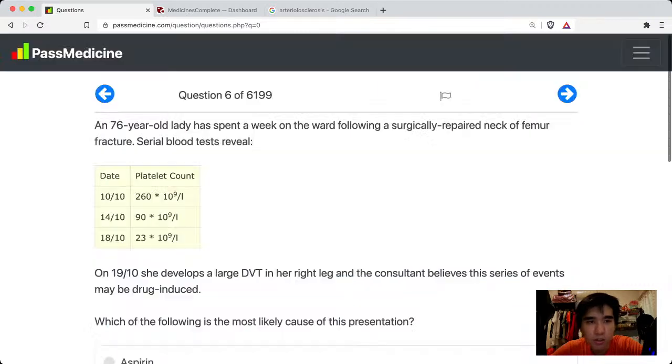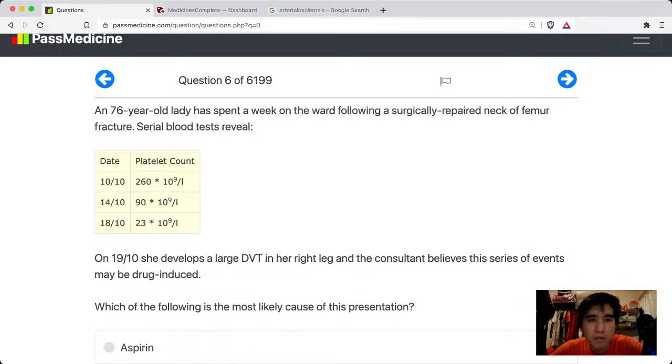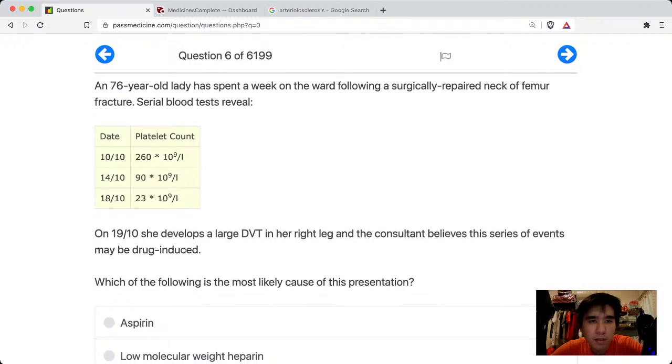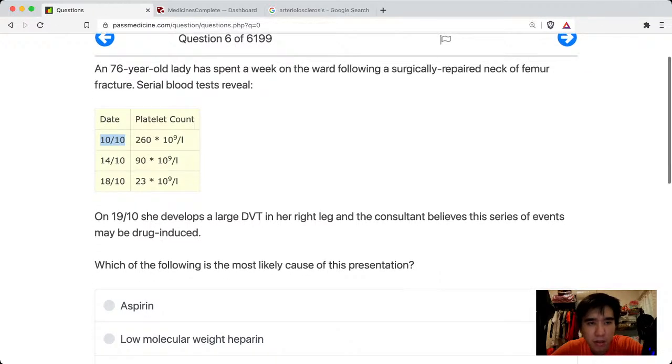Okay, next question. A 76-year-old lady has spent a week on the ward following a surgically repaired neck of femur fracture. Serial blood tests reveal the date and the platelet counts. On 10th of October, platelets normal.